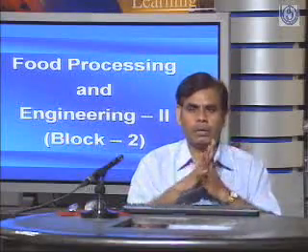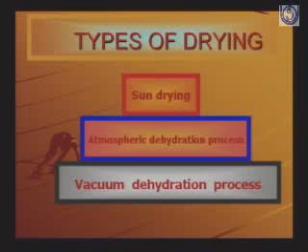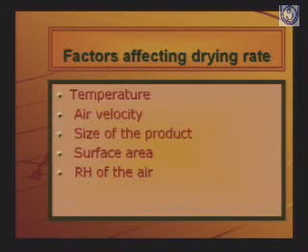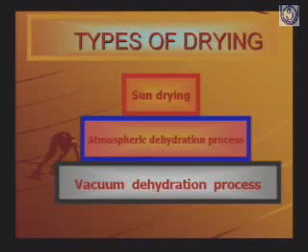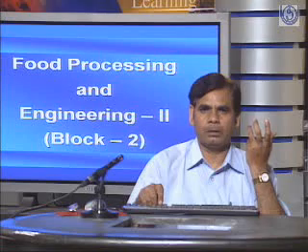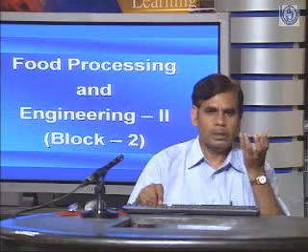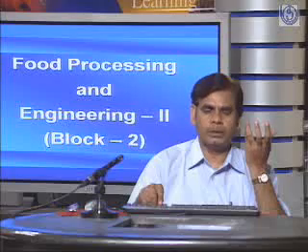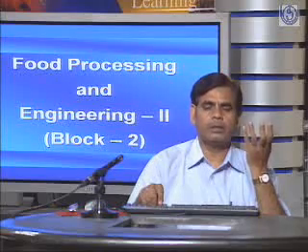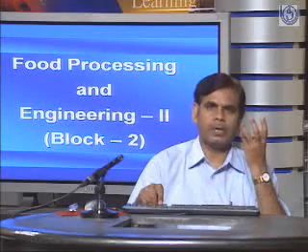Then coming to the types of drying, what are the types? There are 3 main types of drying. Sun drying generally occurs where plenty of sunshine is available, and little or no rain. Here some small fruits like fig and grapes can dry in the sun with the help of sun energy. Then the other one is atmospheric drying, which is artificial.